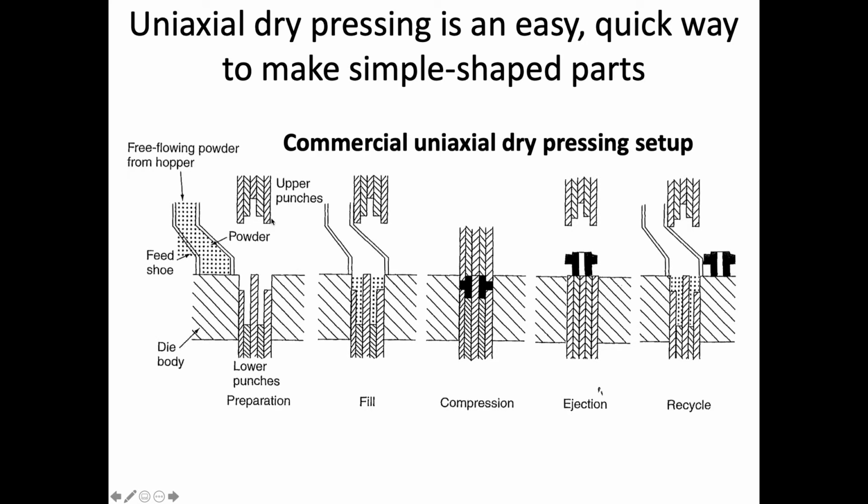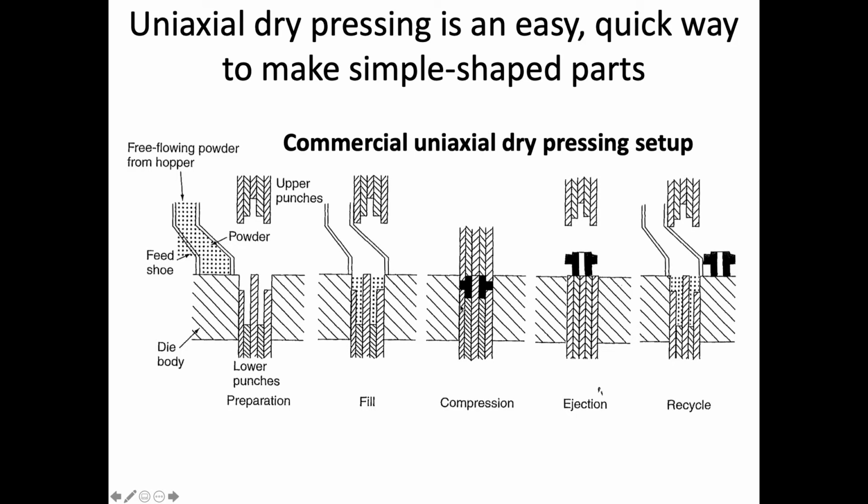So this is the die, the die body, and then the upper and the lower punches of that die. It fills that die, the hopper preps it, fills it, and then the upper punch and the lower punch are placed such that we have pressure applied, so we have compression.